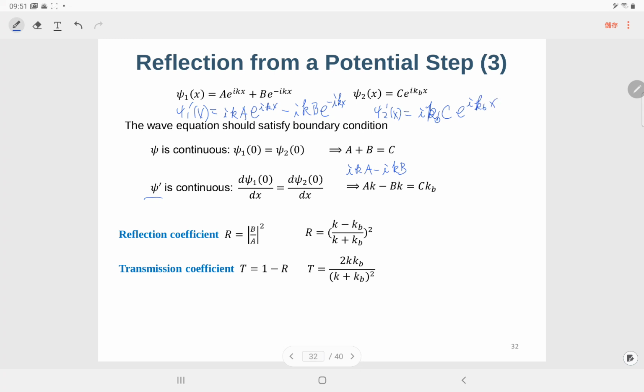So when you substitute x equals 0, it becomes i kb c. So i can be cancelled. Finally, we have these two equations, 1 and 2.